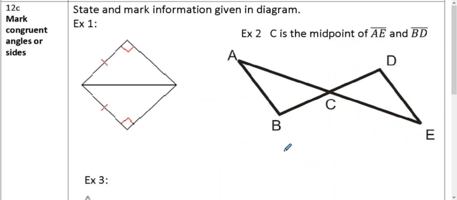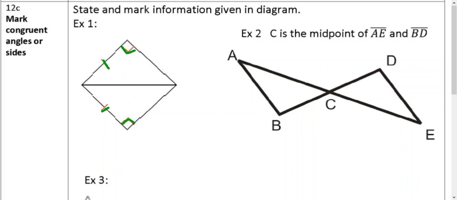Okay. Topic 12C, we're going to be able to mark up some of our diagrams to show when there's information that's given. And there's also sometimes information that isn't given that we still know. We're going to see that in the first one. We have sides that are the same marked, and we also have angles that are the same marked.